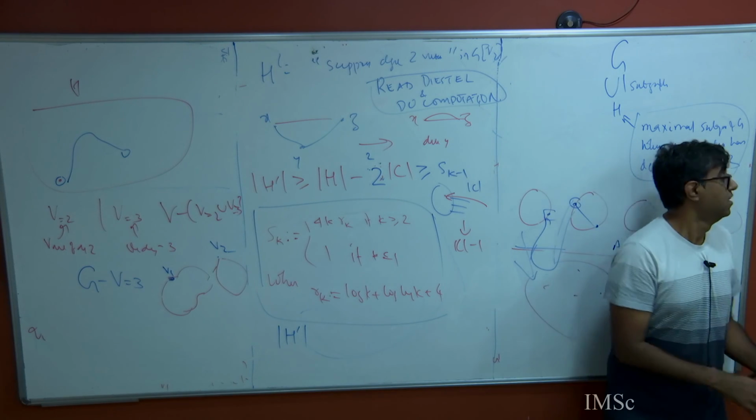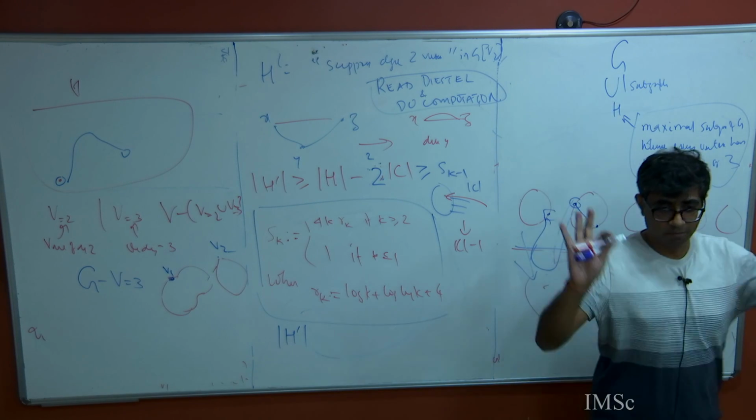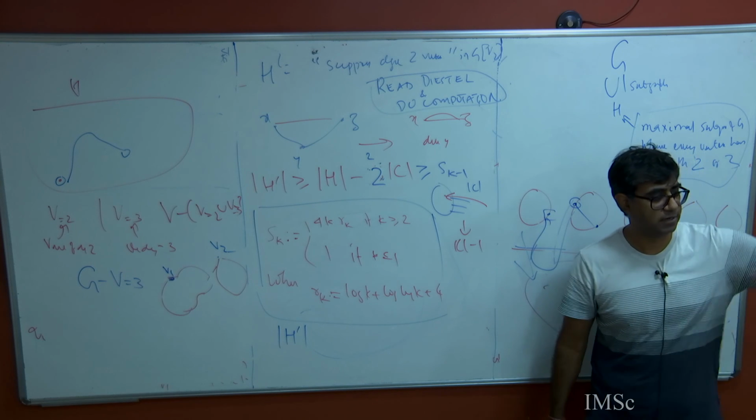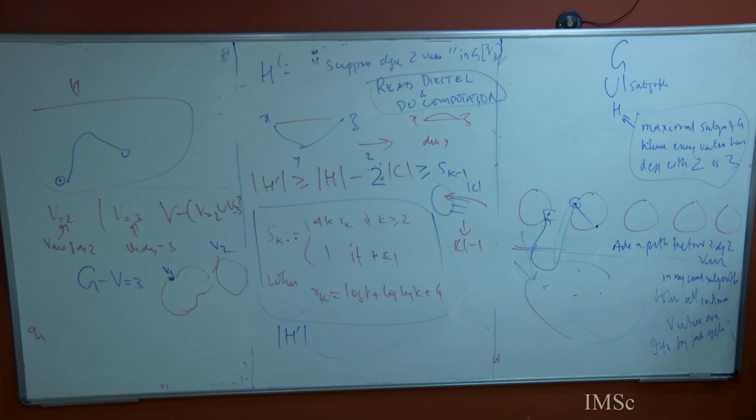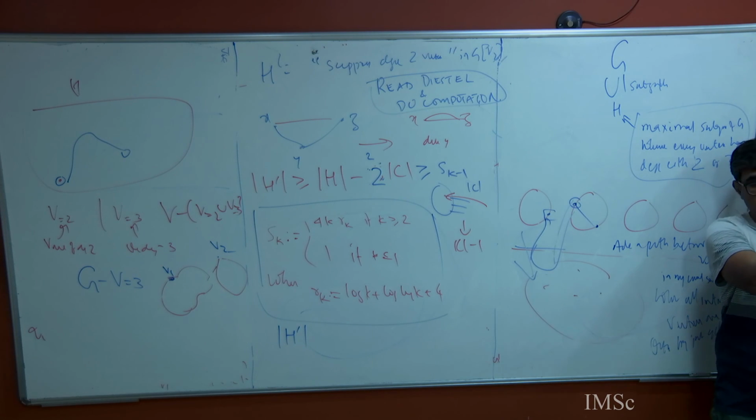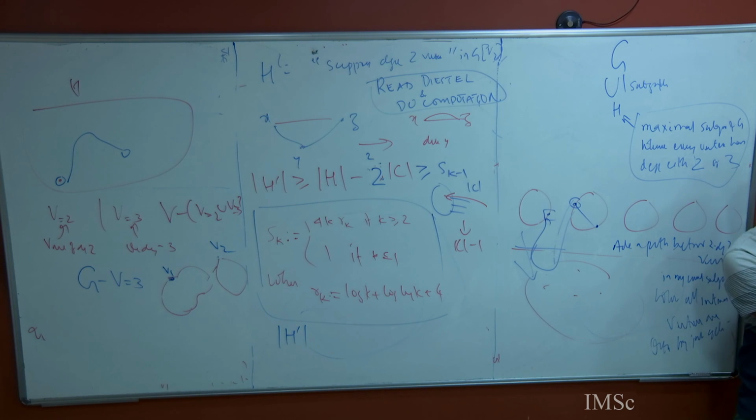So what did we do? We started with G, took a maximal degree 2, 3 subgraph, deleted degree 3, then this 2, 3 subgraph had an amazingly beautiful property: now every cycle is just hanging from here, and you can actually prove that even the two cycles that are hanging also do not intersect. So it's like a flower, because if they intersected, then you could have added something more.